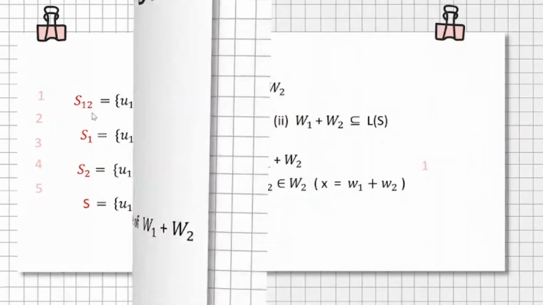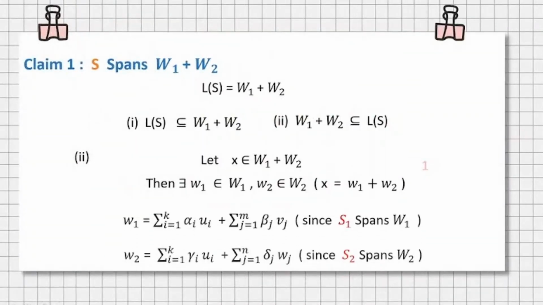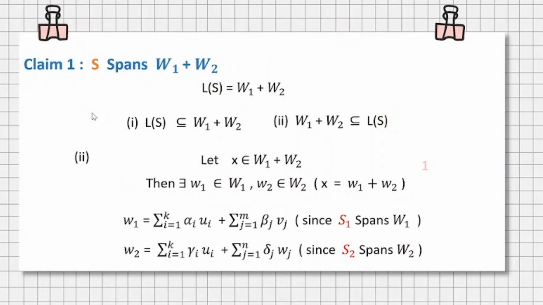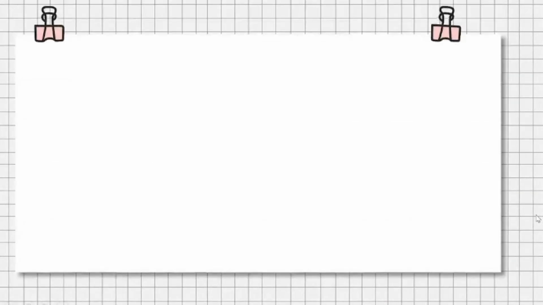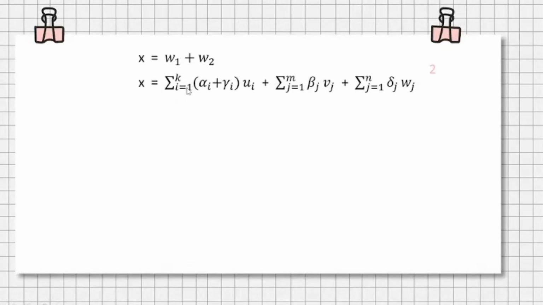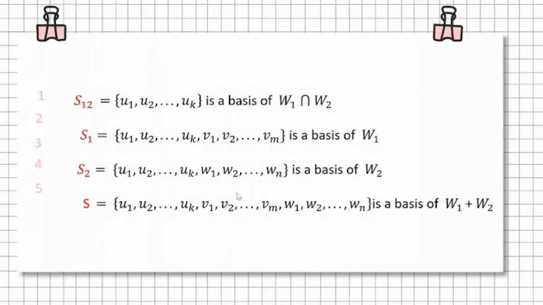Therefore w1 is a linear combination of alpha i ui plus a linear combination of beta j vj, because S1 spans W1, and similarly for w2. Then x equals w1 plus w2, which is the linear combination of (alpha i plus gamma i) ui plus the linear combination of beta j vj plus the linear combination of delta j wj. Now this looks like a linear combination of elements of S.